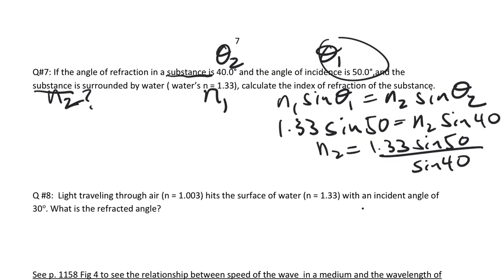Now, the sines don't cancel out. Don't go, oh, these cancel out. They don't. Okay, so I'm going to do the math. 1.33 times sine of 50. Be sure your mode is on degrees. Divide by sine of 40. I get 1.59.